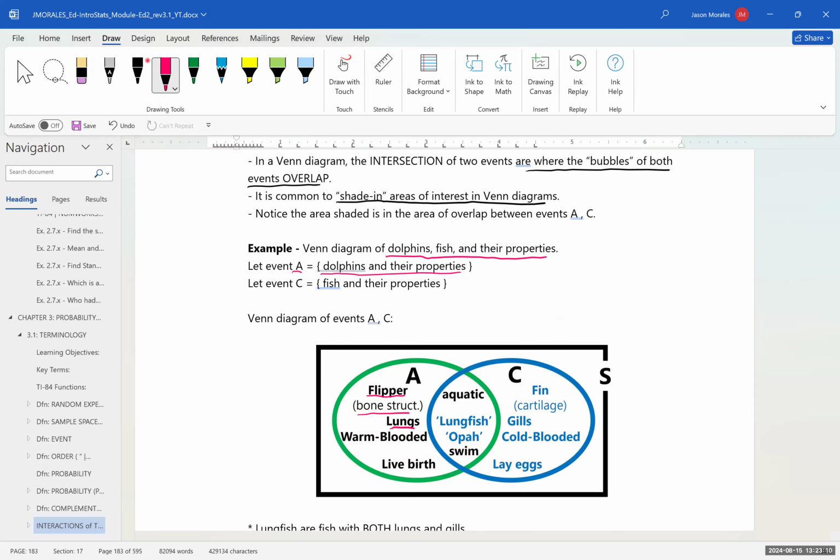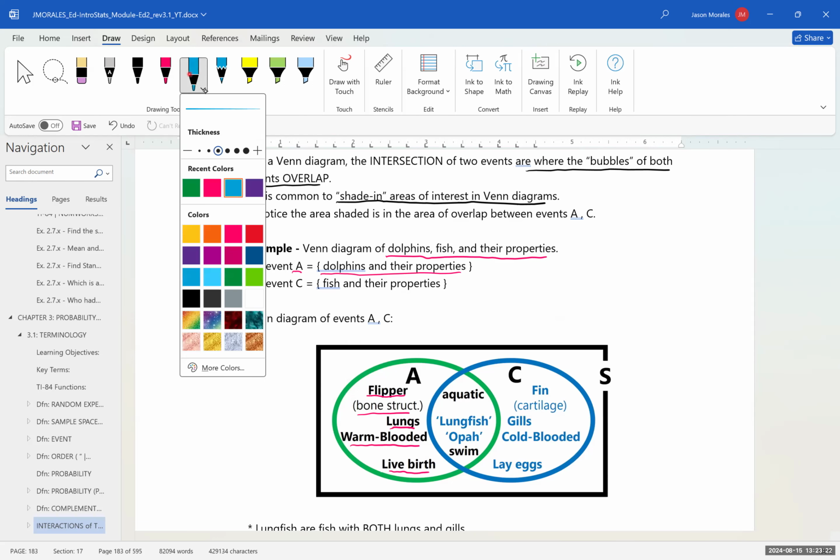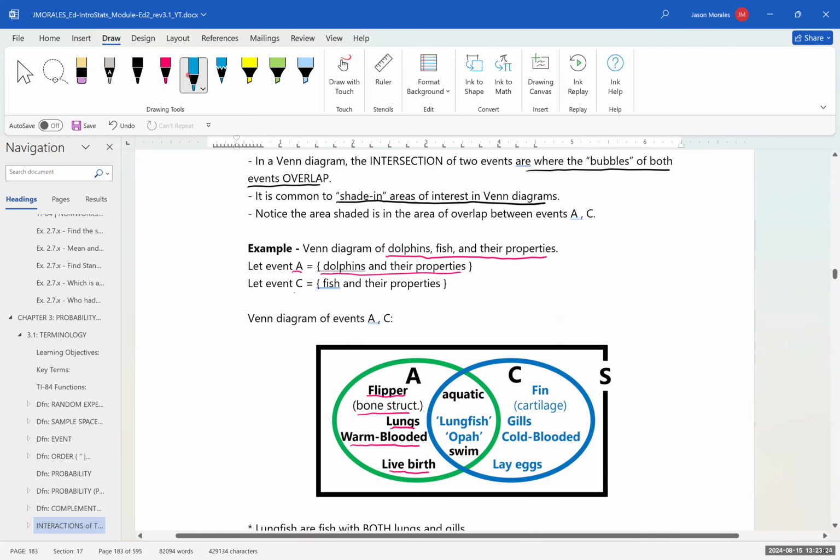Dolphins have lungs, are warm-blooded, and have live births. Event C is going to be fish and their properties. Fish have fins, which are composed of cartilage, they have gills for breathing, they are cold-blooded, and they lay eggs.